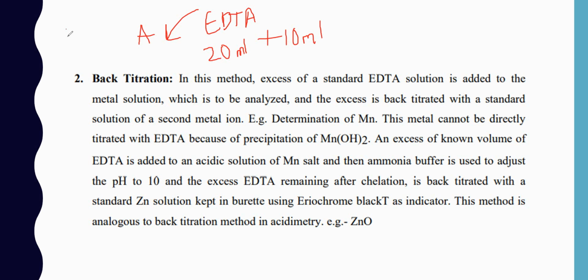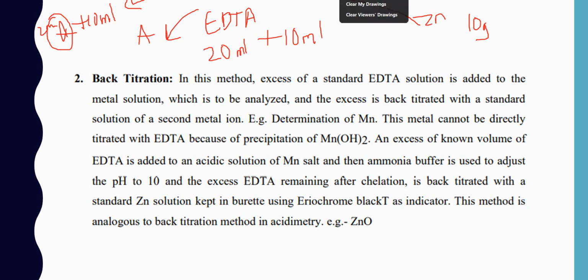Now in this solution we have A which is totally complexed with 20 ml of EDTA, and we have 10 ml of free EDTA. Now we take this whole solution and titrate it with another metal, for example zinc. We add zinc solution into this solution. Now 10 ml of EDTA will require a corresponding amount of zinc to form the complex. So from this we will get to know how much excess we have added, so cross checking is done in this back titration. I hope this is clear.